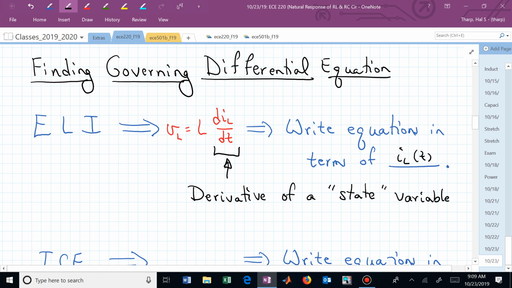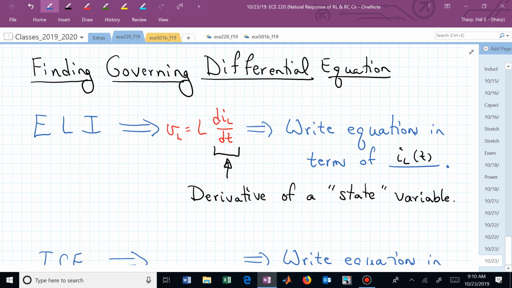and when you see that you're dealing with inductors, what you immediately want to be thinking is, oh, inductor currents are important. They don't change instantaneously. They're continuous.